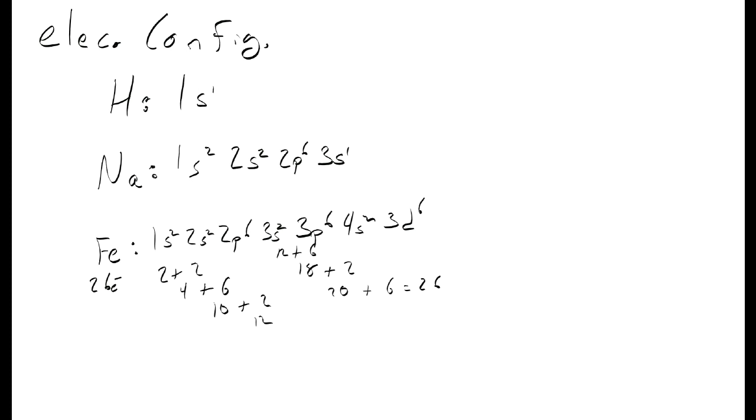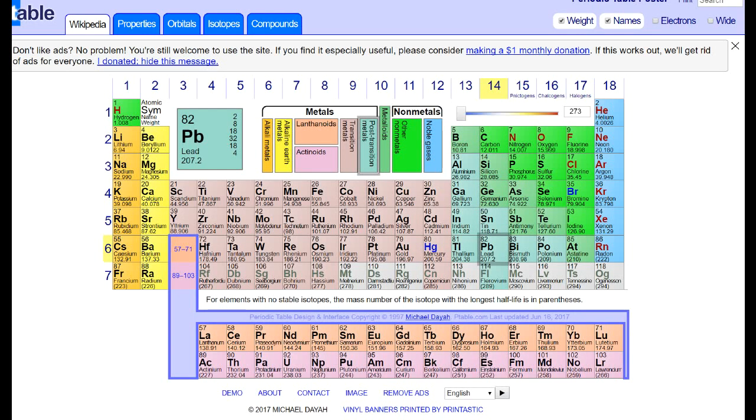Now, here's the thing. What's the electron configuration of lead? Well, lead, Pb, is down here. It's down in the P block. It has 82 electrons. It's on the 6th energy level.